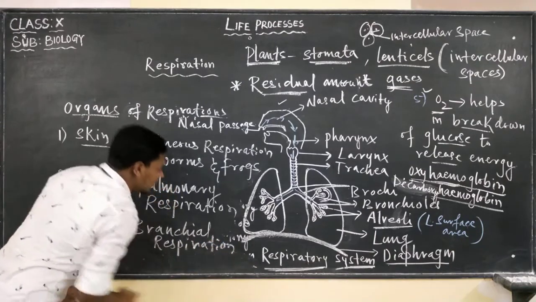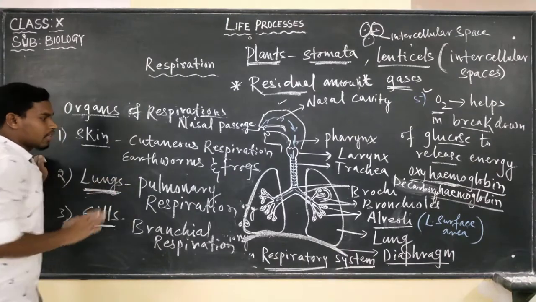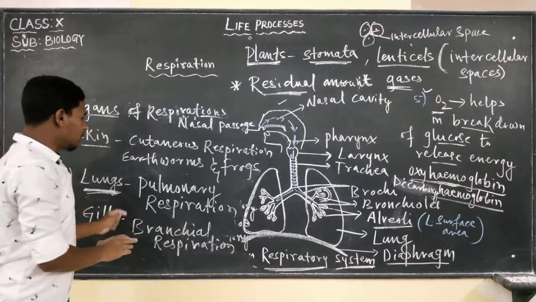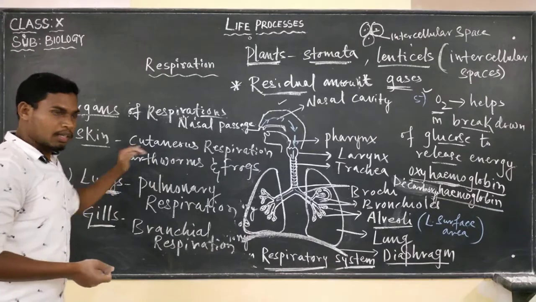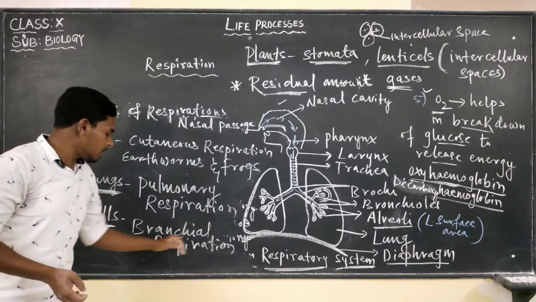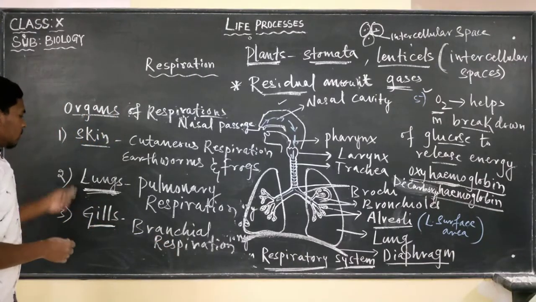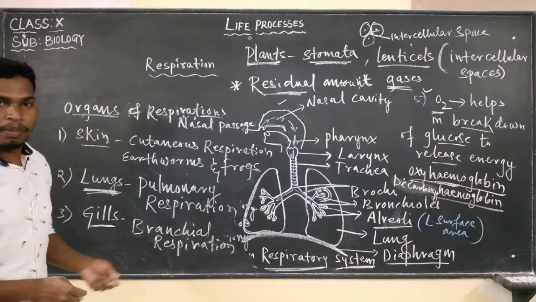So remember these terms. They will ask in objective type questions. Very important. Cutaneous respiration means through skin. Pulmonary respiration means through lungs. Branchial respiration means through gills. So these are some terms we need to keep in mind.